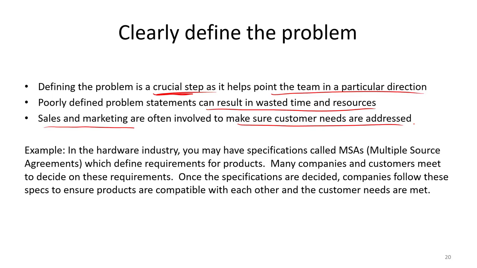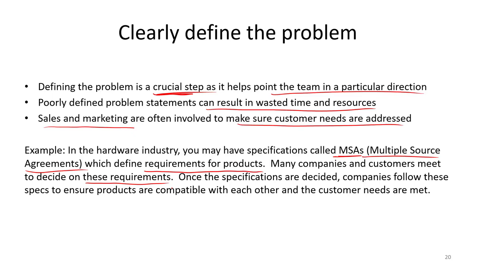Here's one example of defining the problem. In the hardware industry, they actually have these specifications called MSAs, or multiple source agreements. And sometimes what happens is we put together these agreements which have set requirements for products. And so many companies and customers will meet together and decide on these requirements.